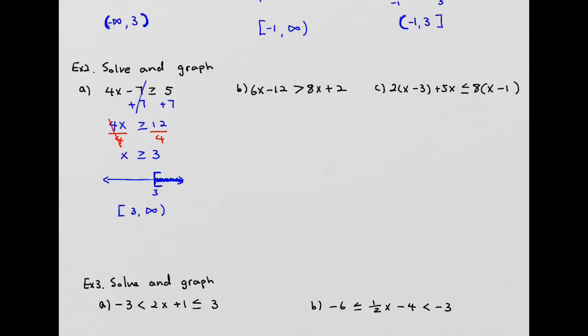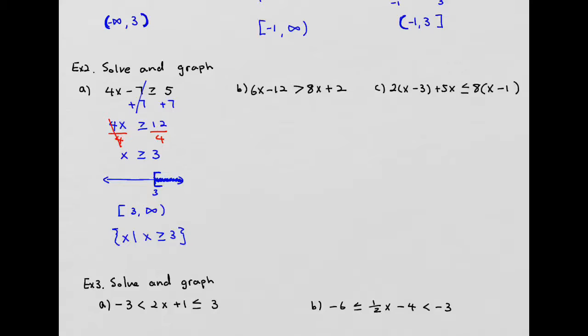Or if you wanted to write your solution with set notation, it's going to be x such that x is greater than or equal to 3. Either solution, depends on how they want you to answer. You have 3 different ways of answering. One with the graph. This is interval notation. This is set notation.